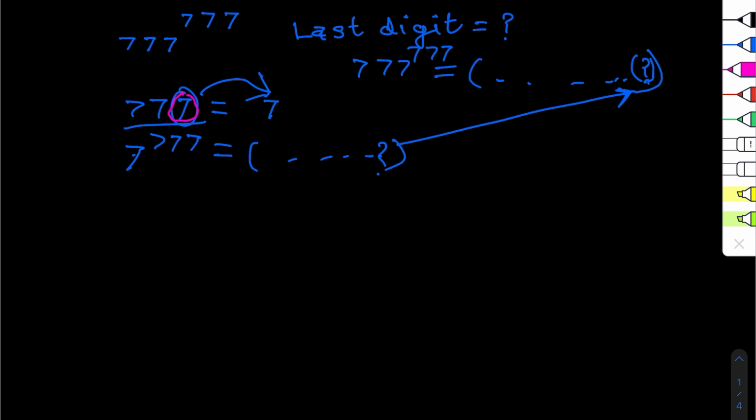So 777 to the power 777 can be reduced to only 7 to the power 777. So we have to find out the last digit of the number 7 to the power 777.